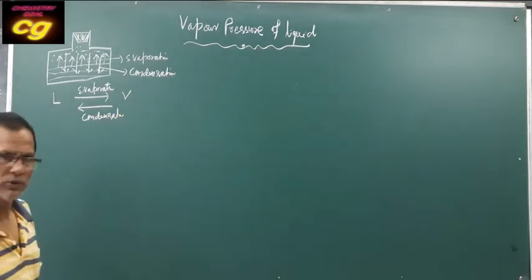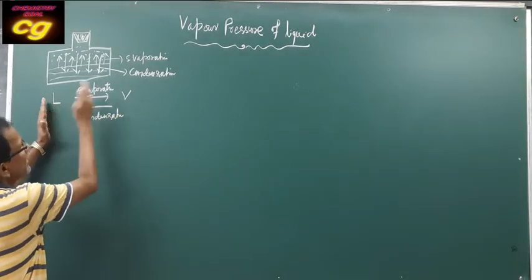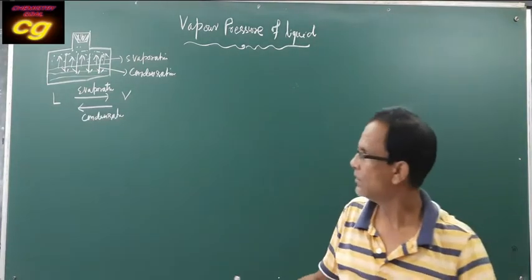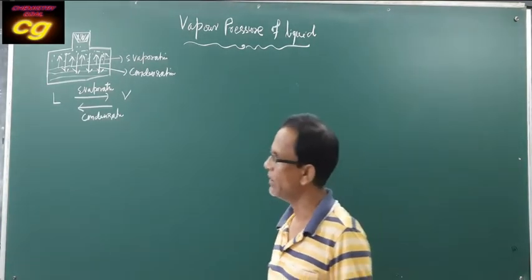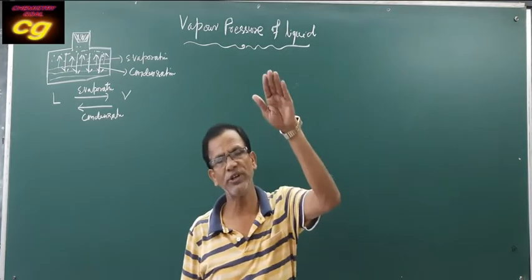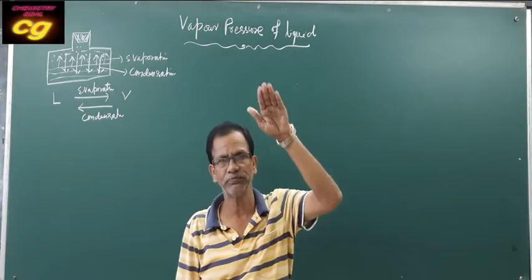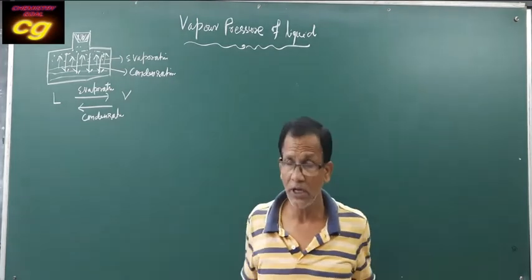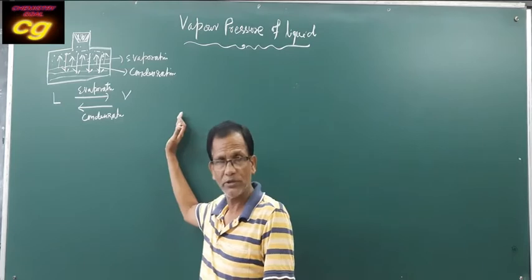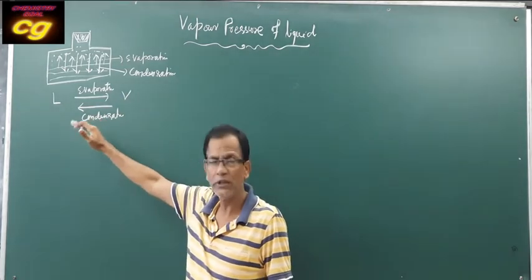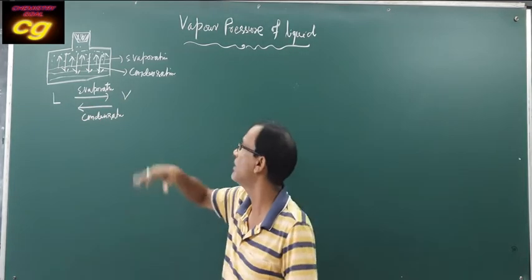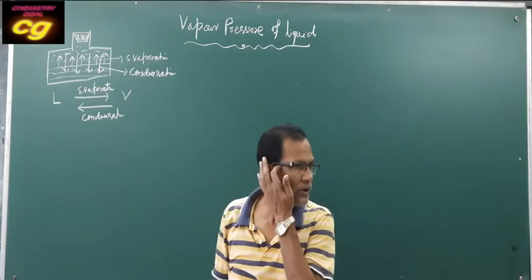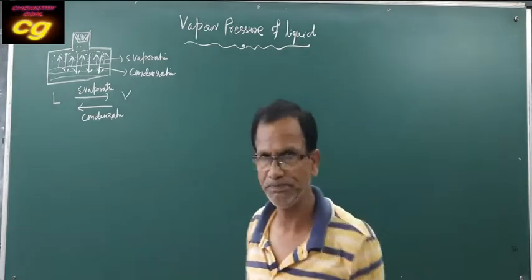When that stage comes, liquid and vapor achieve equilibrium. Equilibrium means evaporation and condensation take place simultaneously: the number of liquid molecules converting to vapors equals, at the same time, the number of vapor molecules converting to liquid, because the vessel is closed, so vapor cannot go outside.